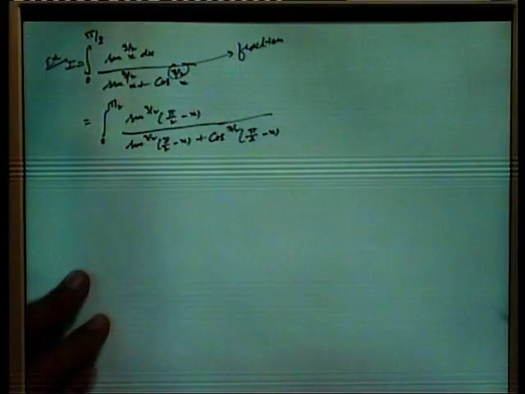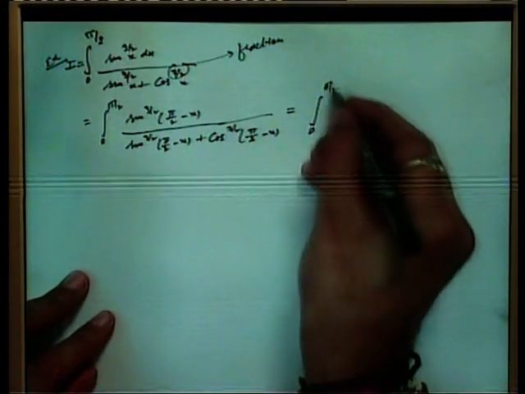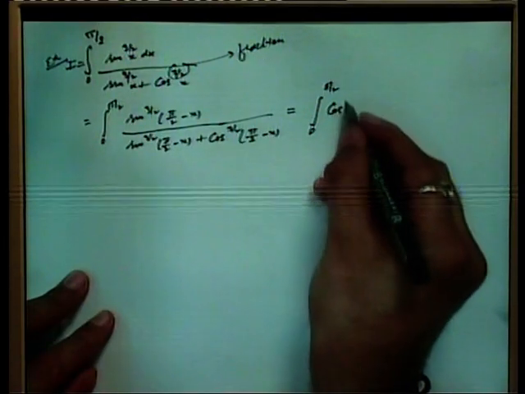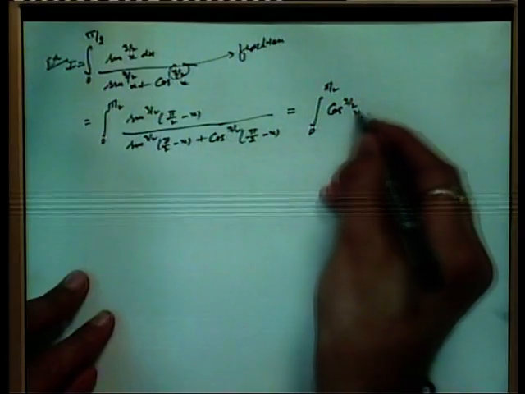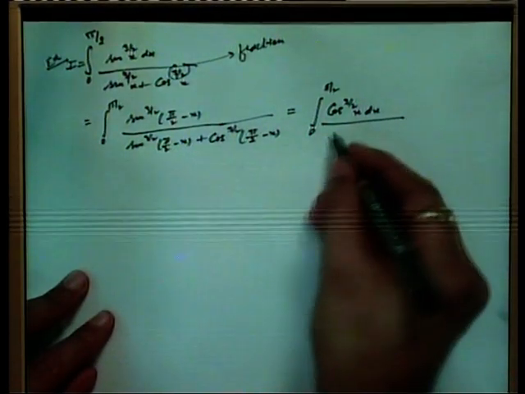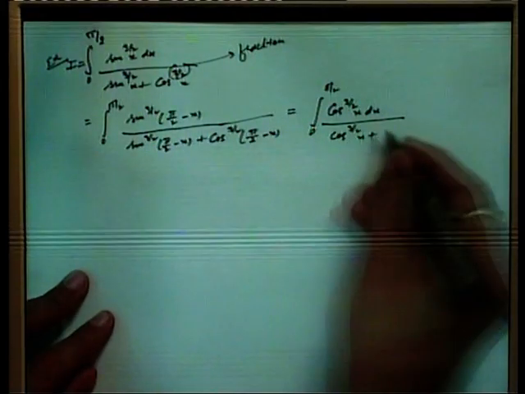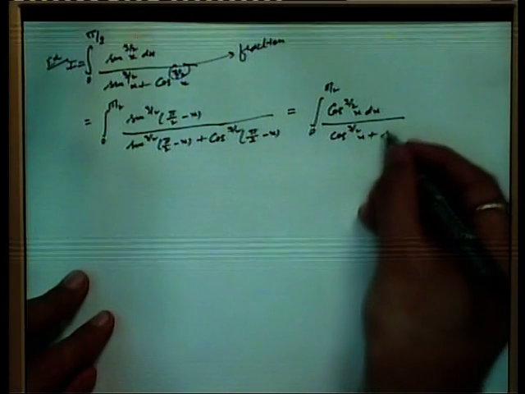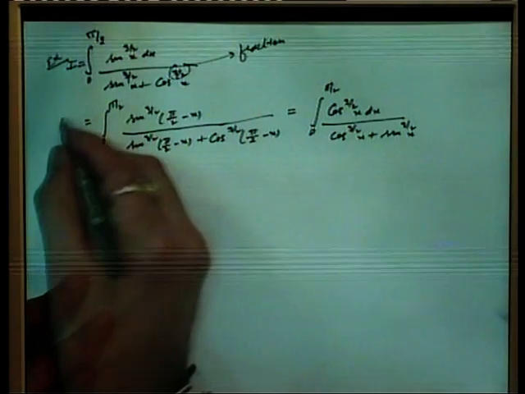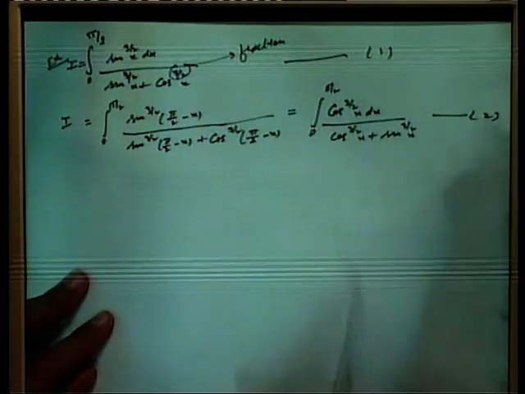You see that this becomes another integral 0 to pi by 2. Sin(pi by 2 minus theta) is cos theta, and cos(pi by 2 minus theta) is sin theta. So this is again I, this is number 1, and this is number 2.